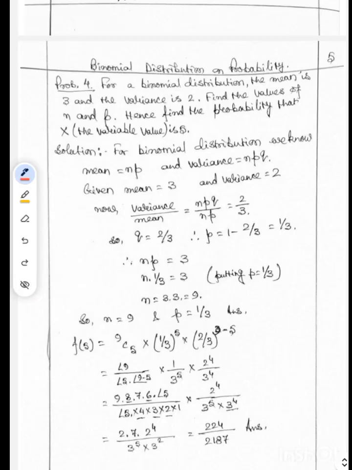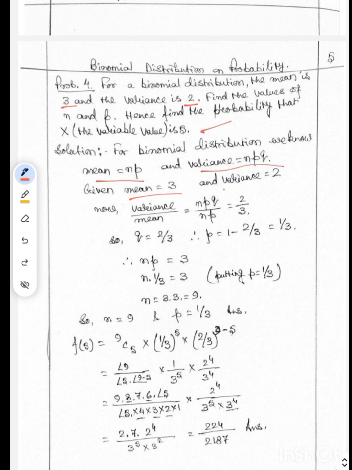It is also a back calculation. Okay, through mean and variance. For a binomial distribution, the mean is 3 and the variance is 2. Okay. Find the value of n and p. Here also find the probability that x, the variable value, is 5. So for binomial distribution we know mean equal to np and variance equal to npq.